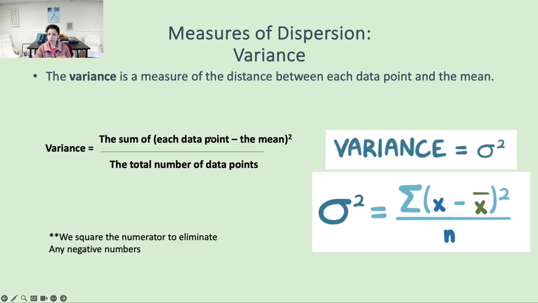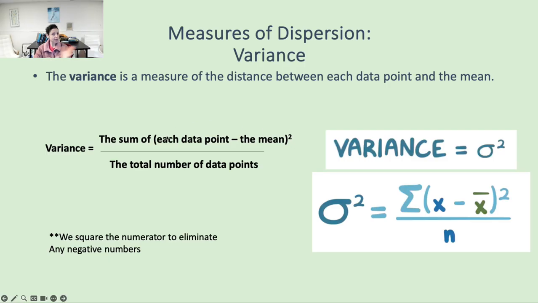Each of those values gets squared, and that squaring removes any negative values. Half the data points are going to be less than the mean, and half are going to be greater than the mean. So for the half that are less than the mean, we would otherwise have negative numbers. We square in order to remove all those negative numbers.